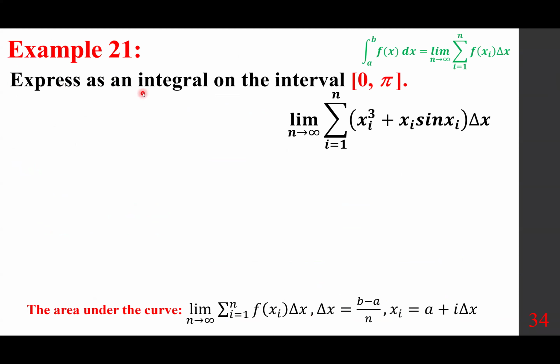Express this Riemann sum as an integral on the interval from 0 to pi, and reminding everyone of a couple of things. Number one, the integral from a to b of f of x dx is the same as the limit of the sum of f of x sub i delta x as i goes from 1 to n. Take the limit, let n go to infinity.